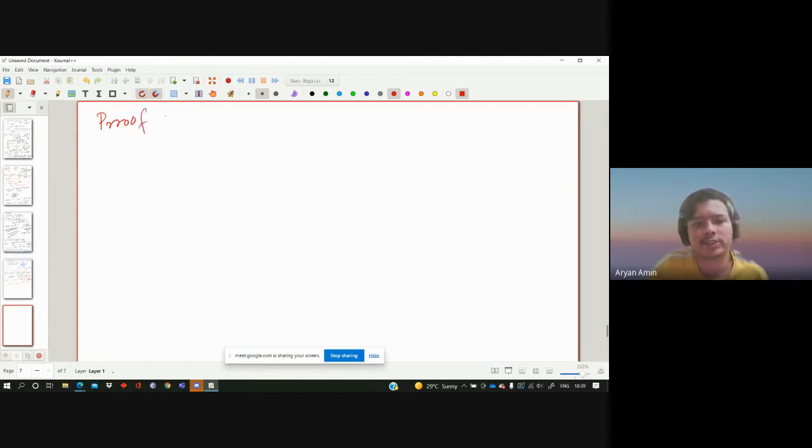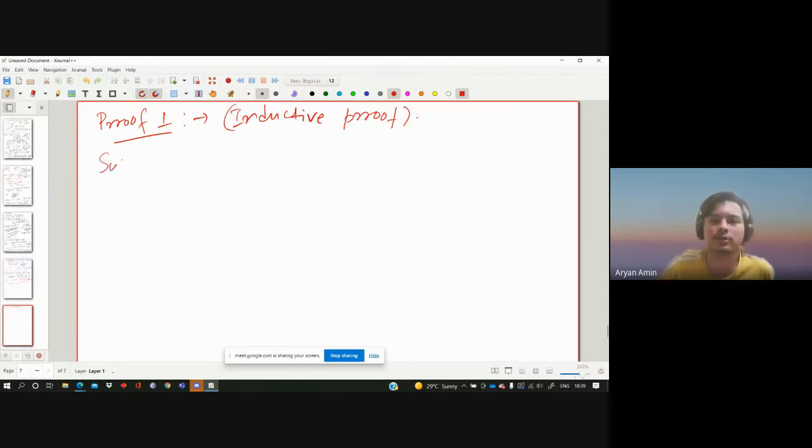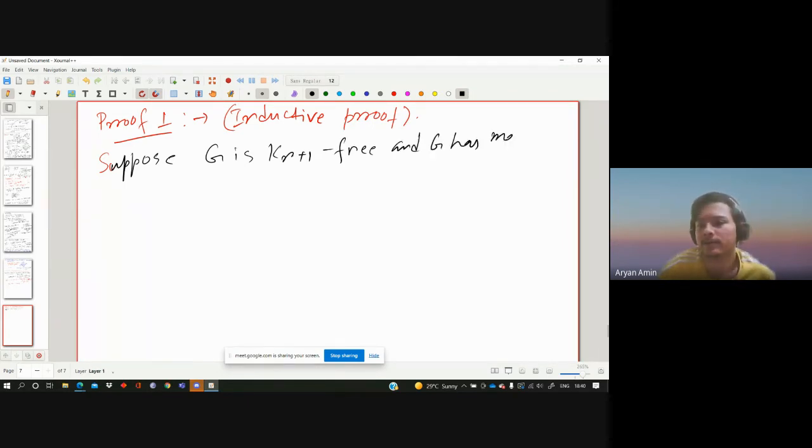The first proof I want to present is an inductive proof. Suppose G is K_{r+1}-free, and G has the maximum number of edges possible.